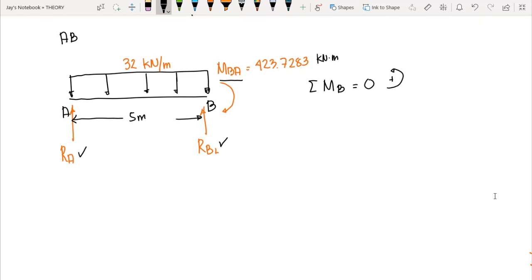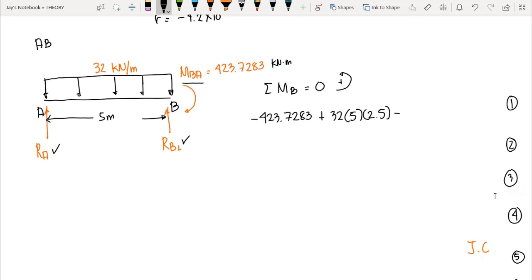Then we have negative 423.7283 plus 32 times 5 times 2.5 minus RA times 5.